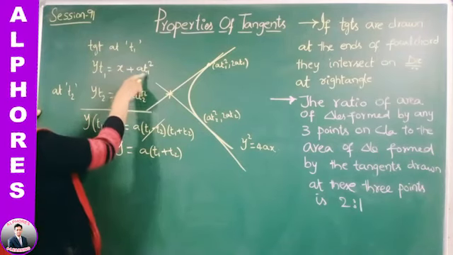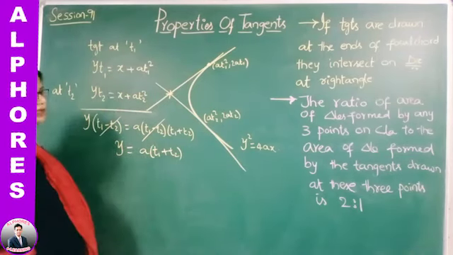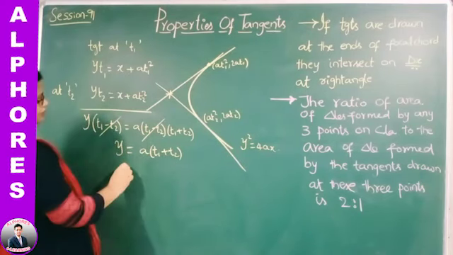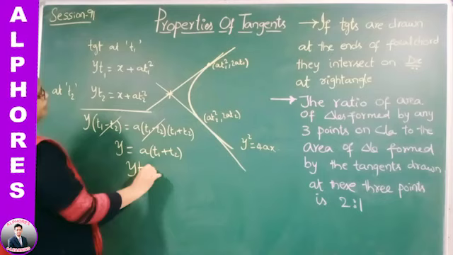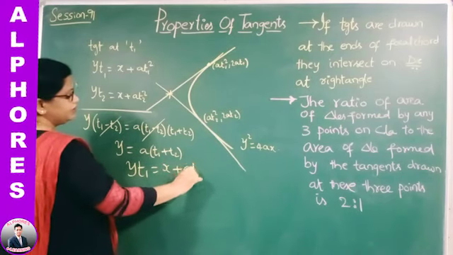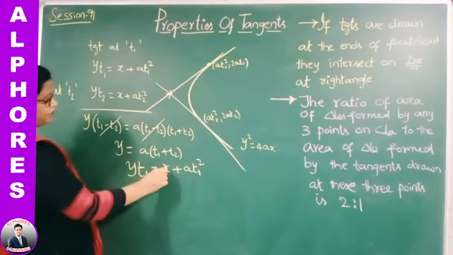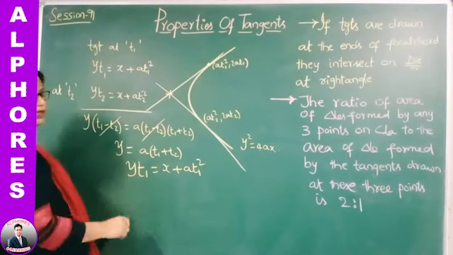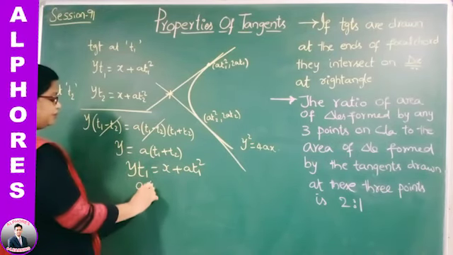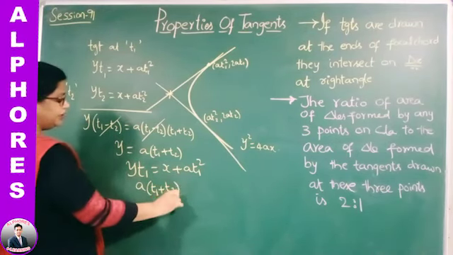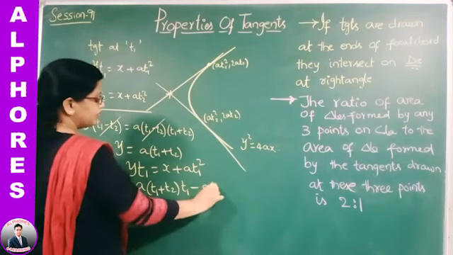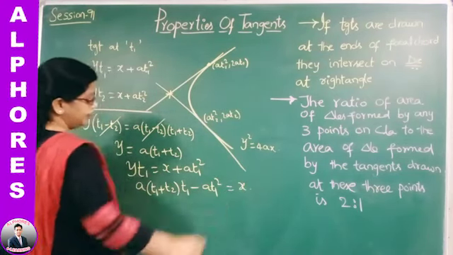You can substitute again in the first equation or second equation or in the parabola equation. I am taking the first equation, yt1 is x plus at1 square. Now x is our requirement, y you already have. So a into (t1 plus t2) into t1 minus at1 square is equal to our x value.